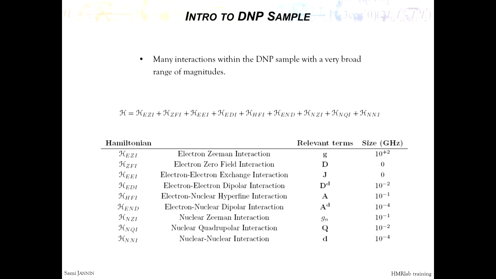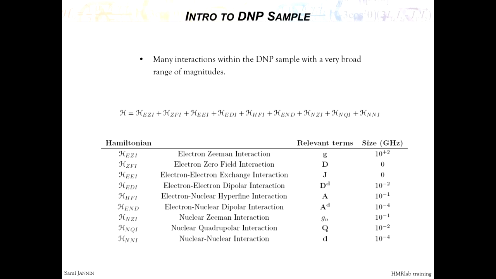Then you have the electron-nuclear dipolar interaction through space, which is also very important, but very small in terms of energy. Nuclear Zeeman interactions are also very small compared to the electron, only a few tens or hundreds of megahertz. And for some nuclear spins, but we'll not talk about it, you have the nuclear quadrupolar interaction.